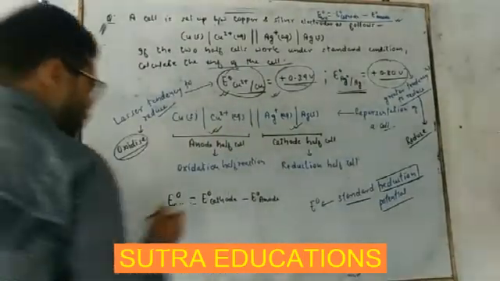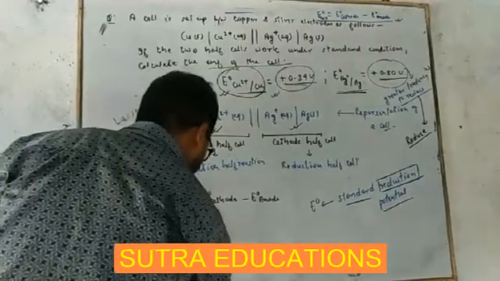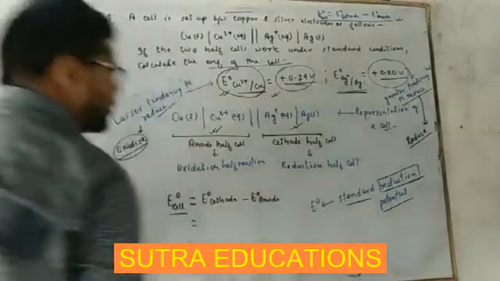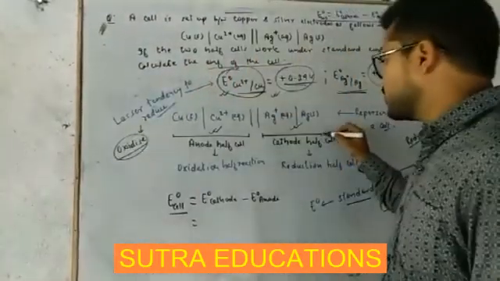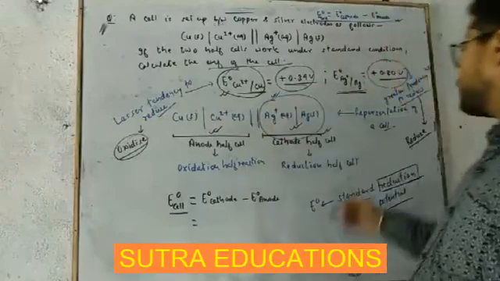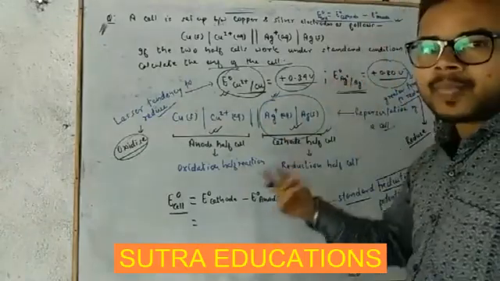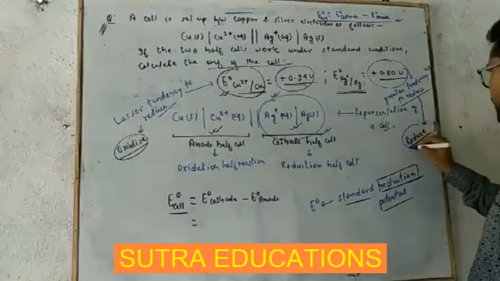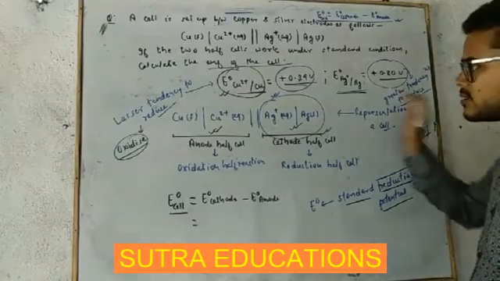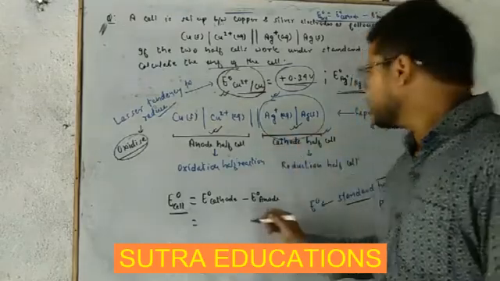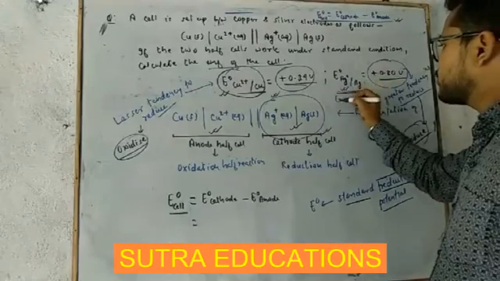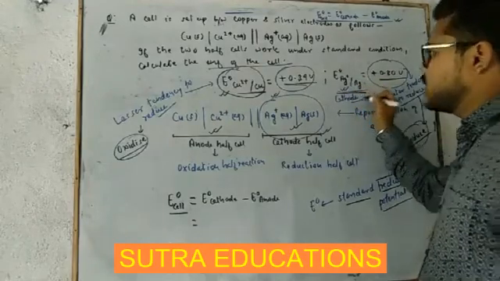So this we have to calculate. Which one is acting as cathode here? This is acting as cathode here. In the cell reaction it is written. Also from the given values we can think Ag plus is going to reduce. So reduction takes place at the cathode. So this is the cathode here and this is the anode here.